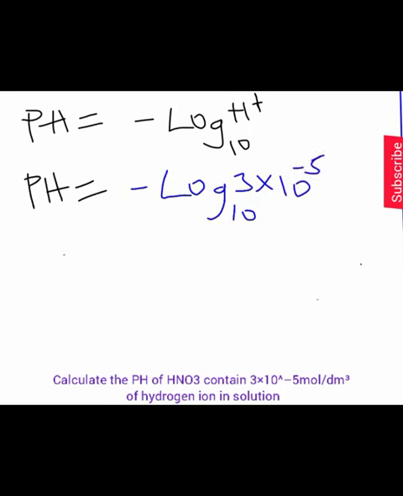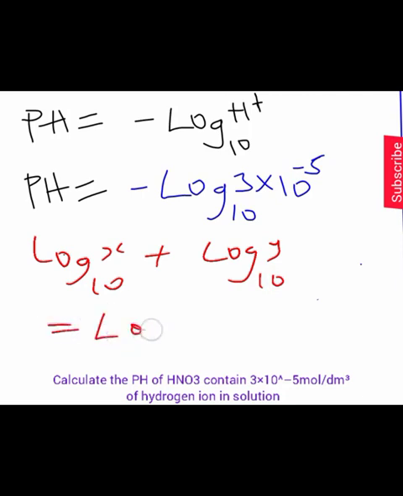According to the law of logarithm, whenever two logarithms are added, you multiply the arguments. For example, log x base 10 plus log y base 10 is equal to log of x times y to base 10.